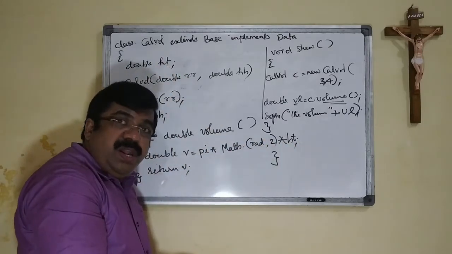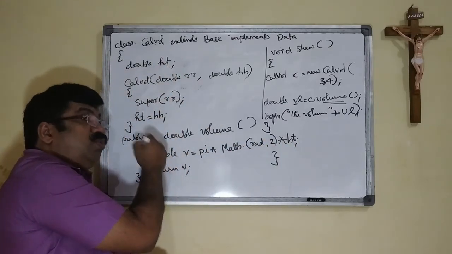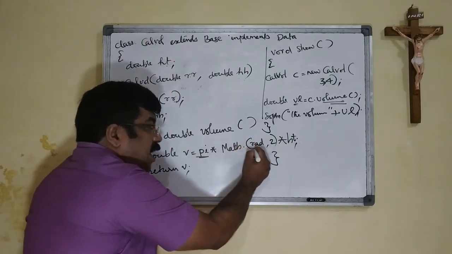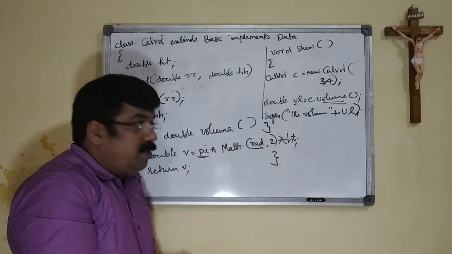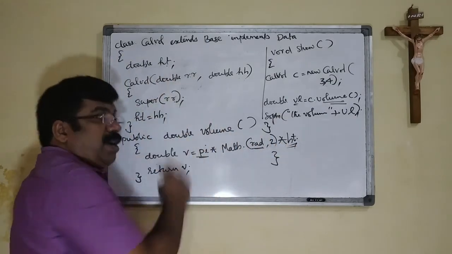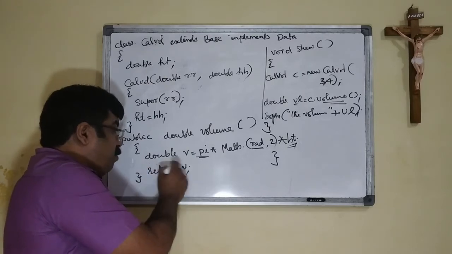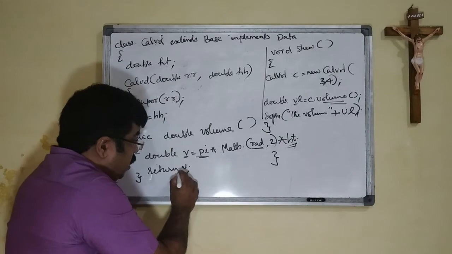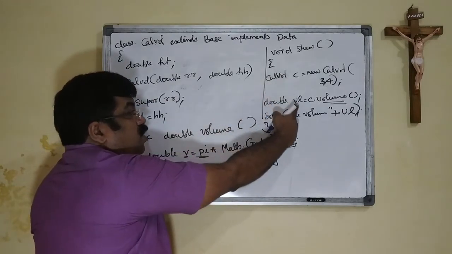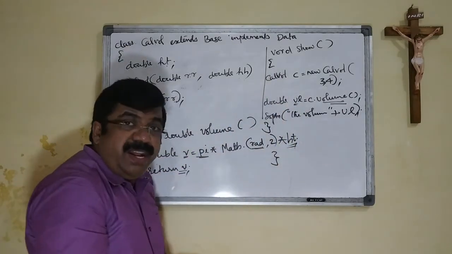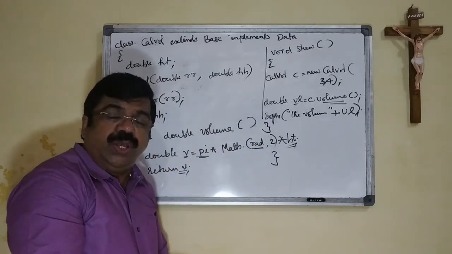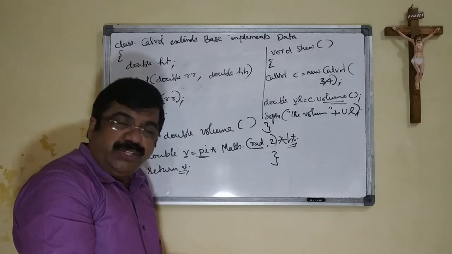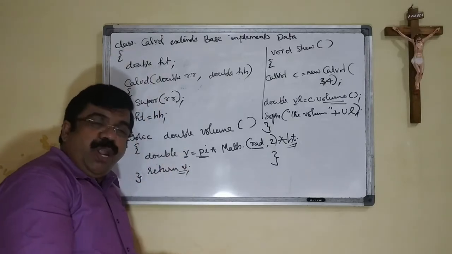For the calculation, pi is taken from the interface, radius is taken from the base class, height is taken from the current class, and the volume is calculated and stored. It is returned to the calling function on the left side, then it is printed. I think it is clear. Please note down.